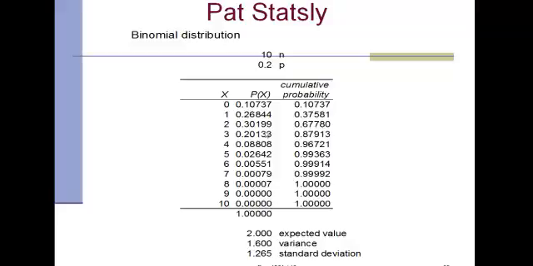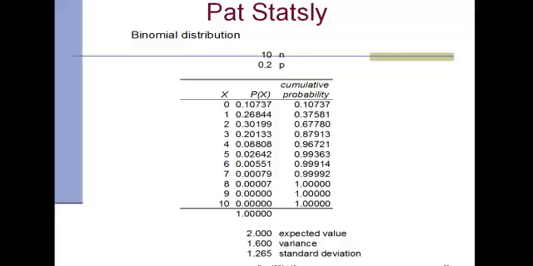So this says the probability of getting 0 correct is 0.10737. The probability of getting exactly 1 correct is 0.26844. The probability of getting 10 correct is not going to happen. Very unlikely.